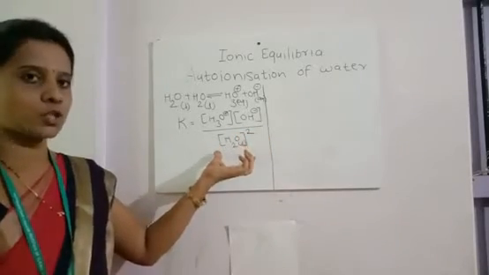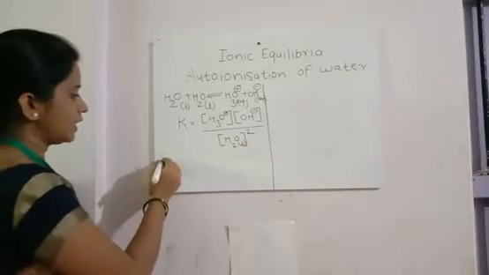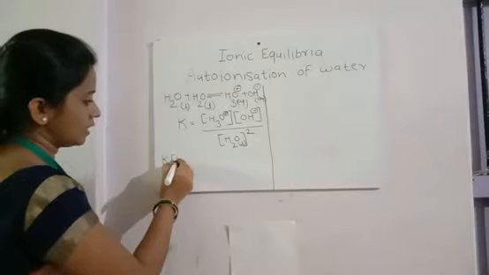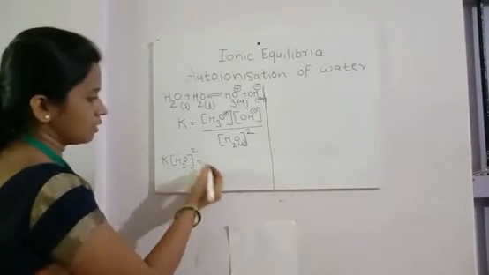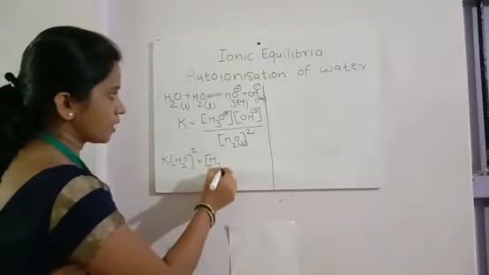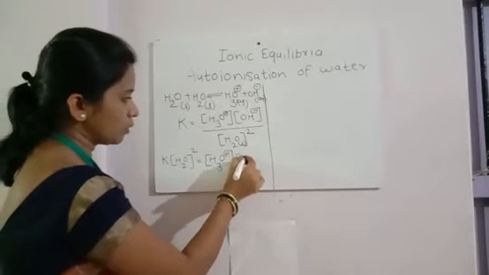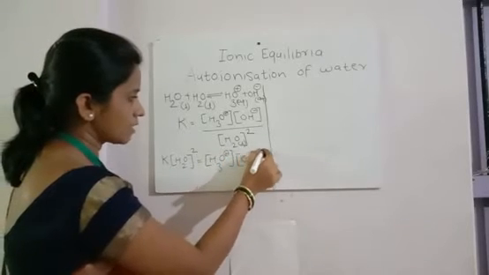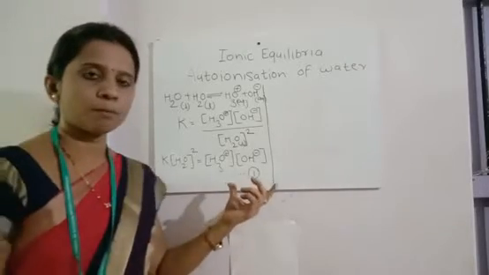So concentration of this raised to 2. So we can write K into H2O whole raised to 2 is equal to H3O plus into OH minus. Mark this equation as equation number 1.